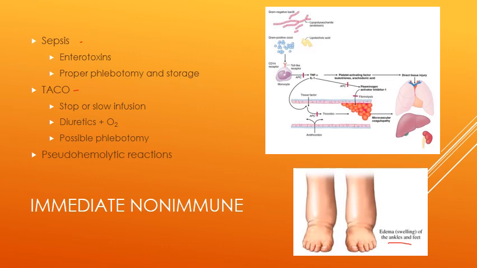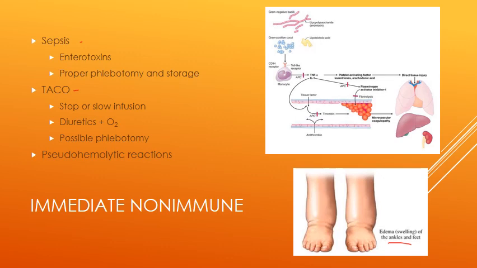Now, TACO can be easily confused with TRALI because, of course, you can see pulmonary edema with both, and actually you can have both at the same time. So what's the difference between the two? Well, hypertension. TACO always has hypertension, right? Because you have high volume.